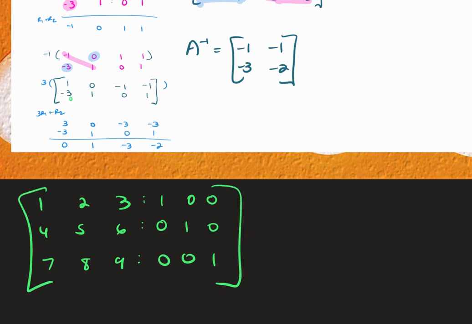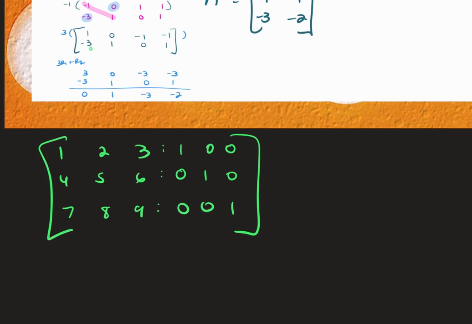And I'd have to go through all my row operations to change the left side into reduced row echelon form. I'm not going to test you on it, so I'm not even going to work all the way through it. But know that that's how you would have to do a 3 by 3. Okay?